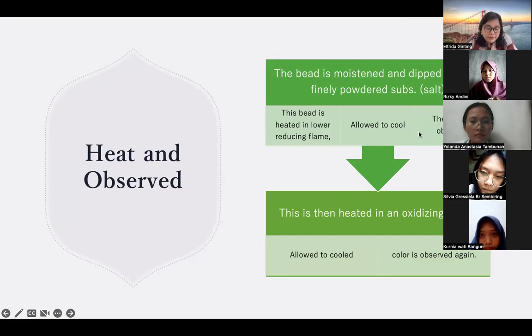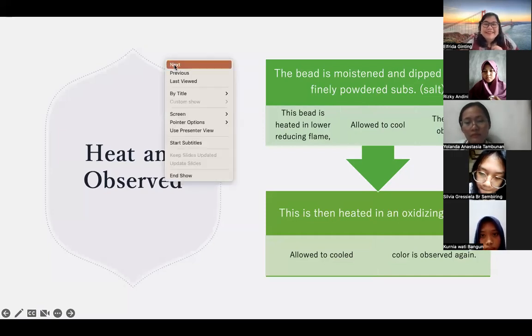If you ask what kind of color will appear, it depends on the salt that you want to analyze. Is it clear, Rizky? Yes, ma'am. Thank you, ma'am. Any more question? No?